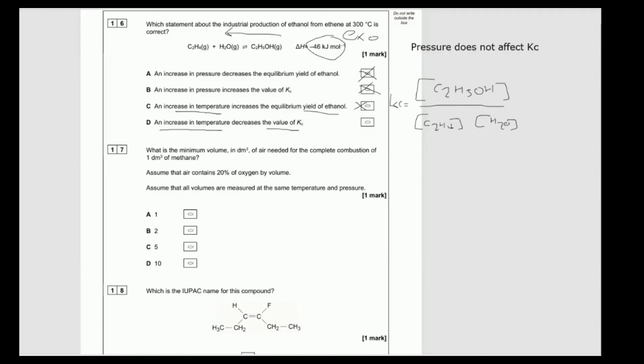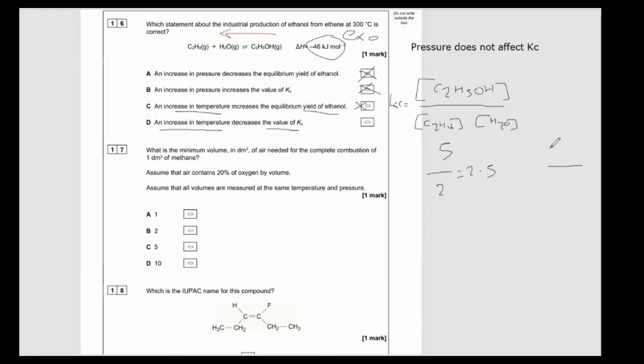And then if we look at D, which is the only answer left it can be, temperature can affect Kc. An increase in temperature affects the value of Kc. Let's see, if we increase the temperature, it's going to shift to the reactant side. Oh no, sorry, an increase in temperature decreases the value of Kc. That sounds right. And the reason is because it's exothermic, we're going to shift to the reactant side, and that is going to decrease Kc.